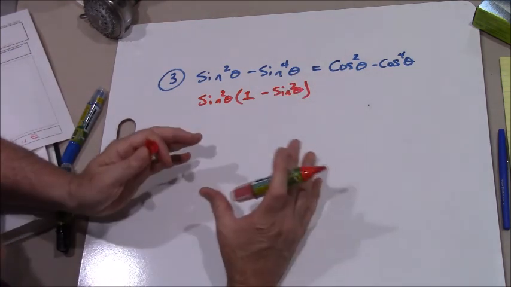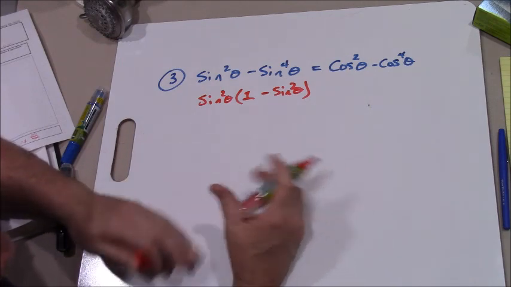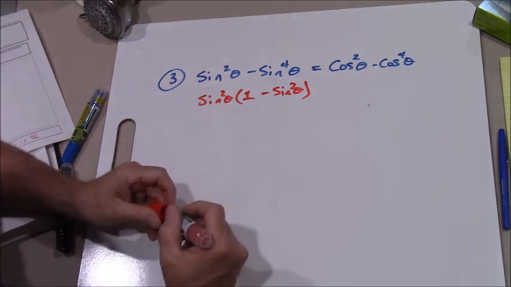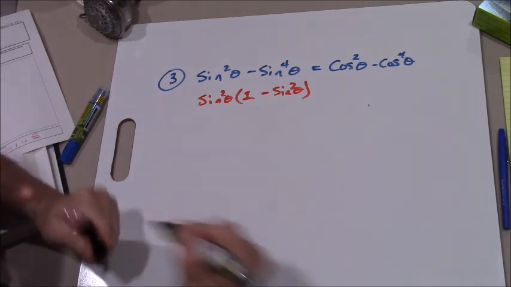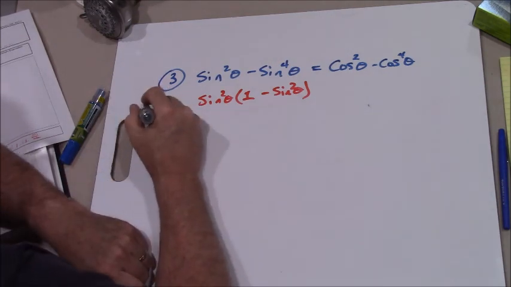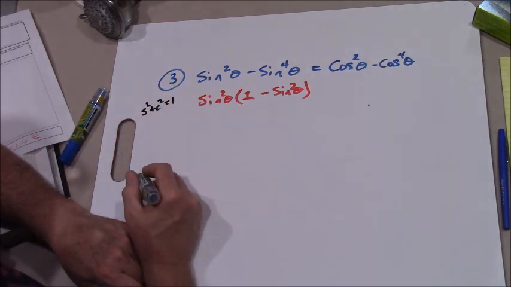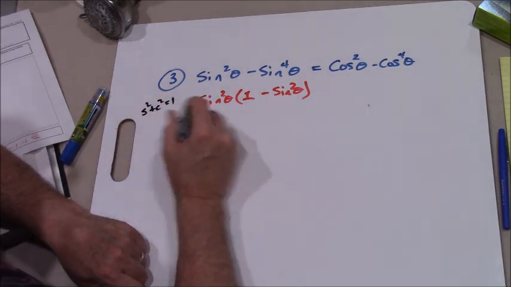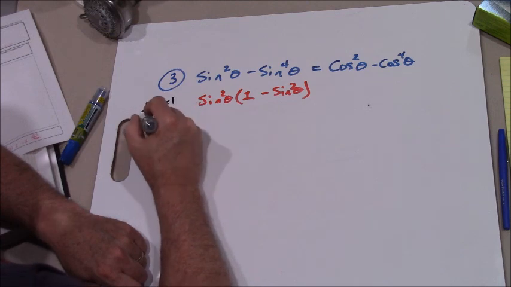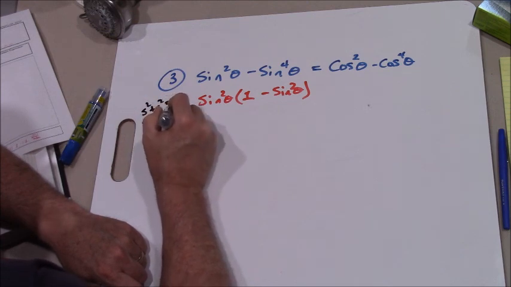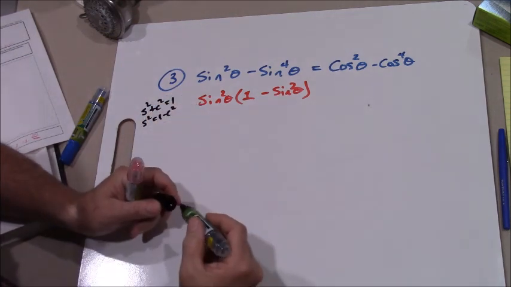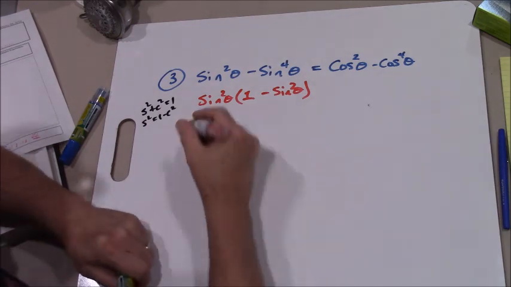And now I'm thinking Pythagorean identities. Here's my chicken scratch again. Sine squared plus cosine squared equals 1. So a sine squared by itself, if I move this over, I get 1 minus a cosine squared. So let me write that down.